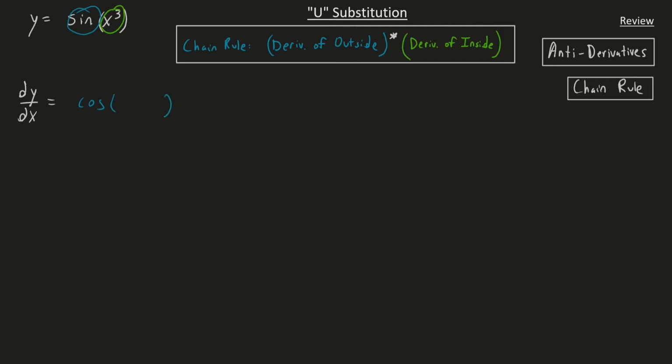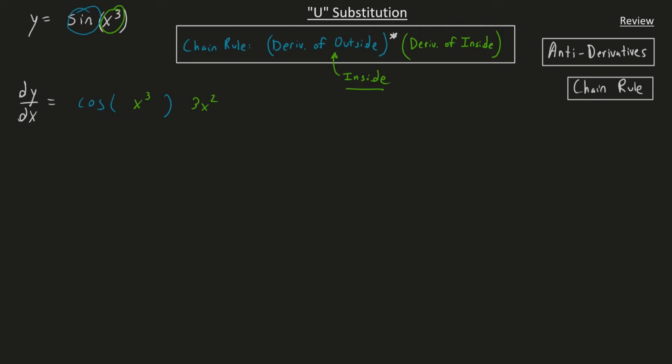But you got to remember that that inside function, that x cubed, follows down with it. And of course, times the derivative of the inside, that's going to be a 3x squared. So chain rule is the derivative of the outside with the inside of it times the derivative of the inside.